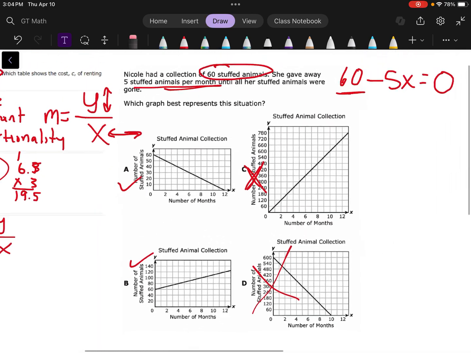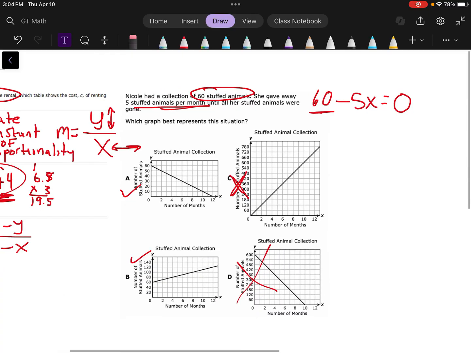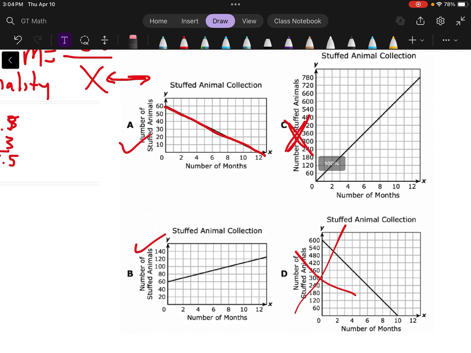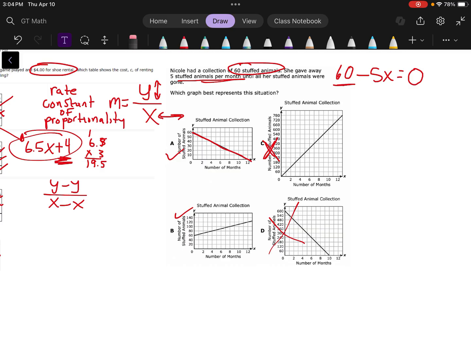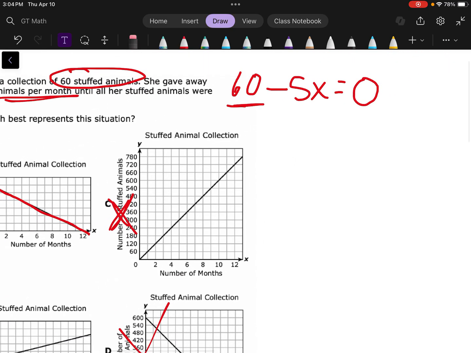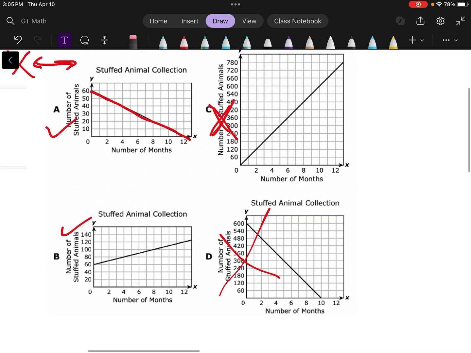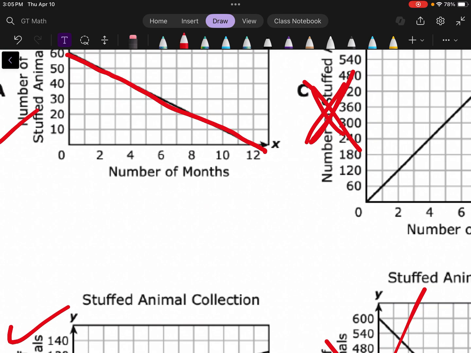It's subtracting 5 stuffed animals every time, so it should be going down, which this one is. Once again, I could plug in points and check. What if I took 10? That would be 60 minus 50, which is 10. So when I plug in 10, I should see 10. What do you know, 10, 10. Checks out.